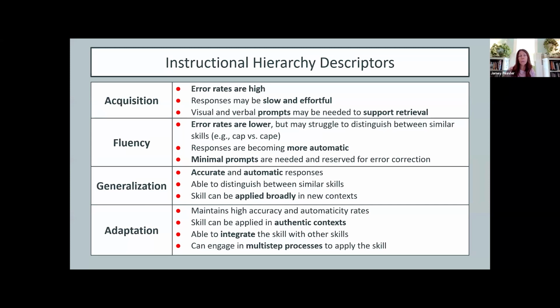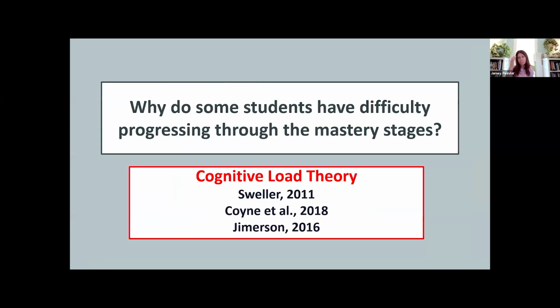So you may have worked with a student who's stuck in acquisition on a skill and never quite makes it to fluency, or is stuck in fluency and never quite makes it to generalization. So what I'd like to do next is really look at what might be causing that to happen and how we can support that transition.